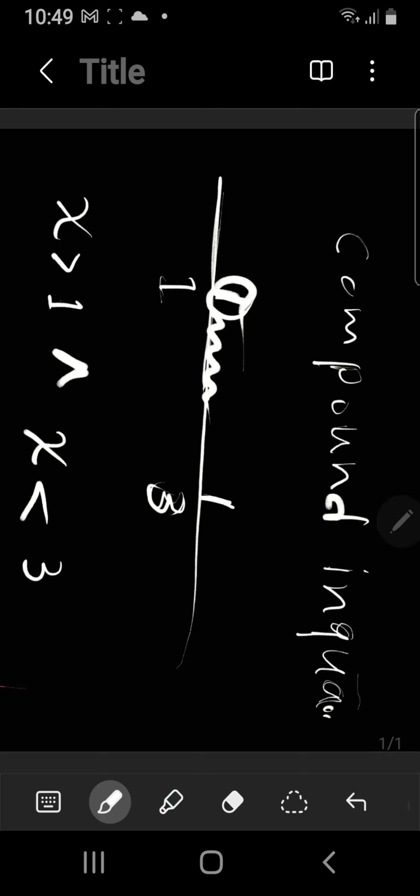And x less than 3, we have x less than 3. So less than 3, go to the left, because the symbol is less than. You should draw the line on the left, and the other is on the right.